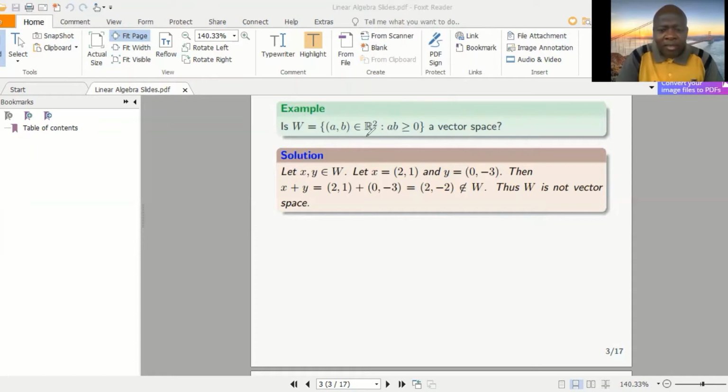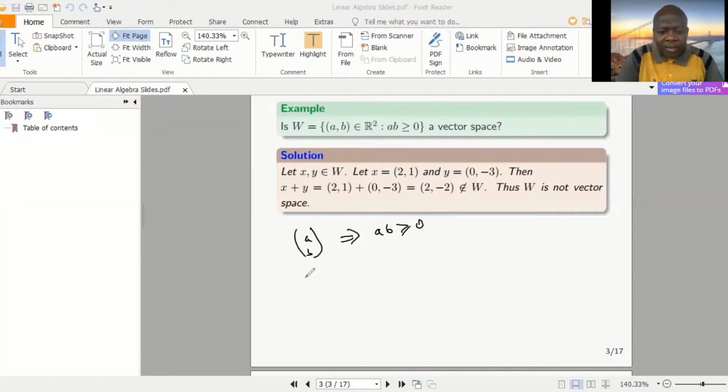For instance, let me see whether it has the 0 vector. The condition that we've been told is that if I were to choose A and B, then the product of this A and B must be greater than or equal to 0. That is the only condition you are given, and it's very important to observe it.